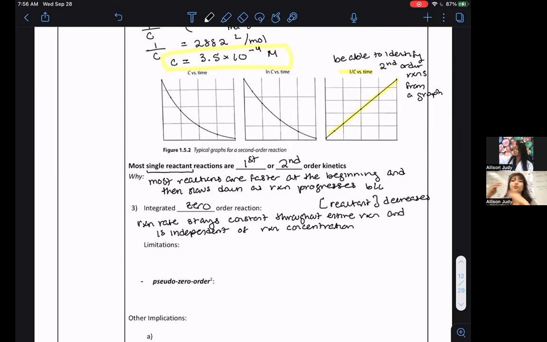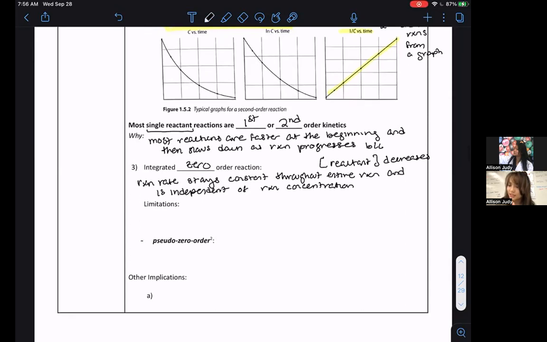So when we derive and use this integrated rate law, what we find is that there's a special category of reactions where the concentration doesn't have any effect on the rate itself. Okay. And here is something to consider with zero order reactions that are then integrated. There is a limitation. It only applies to, or is observed in, some, and dare I say few, reactions in very specific conditions.